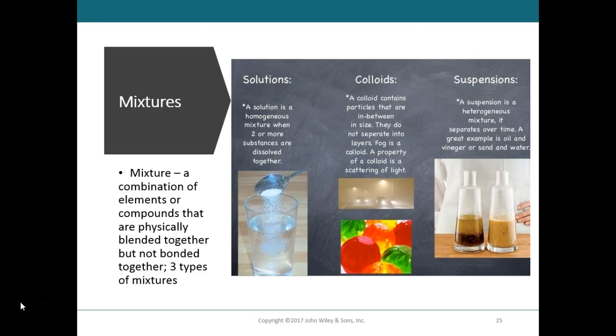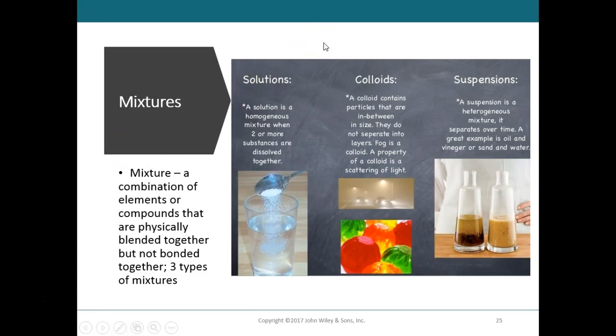For instance, if we put a spoon of salt or sugar in a glass of water and we mix it up, you're not going to separate those by normal means. It's going to appear very clear, you can see through it, and it does not separate.